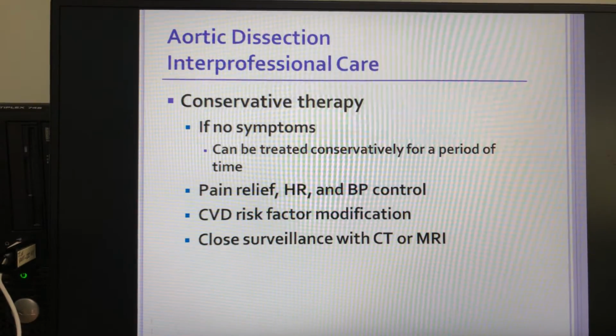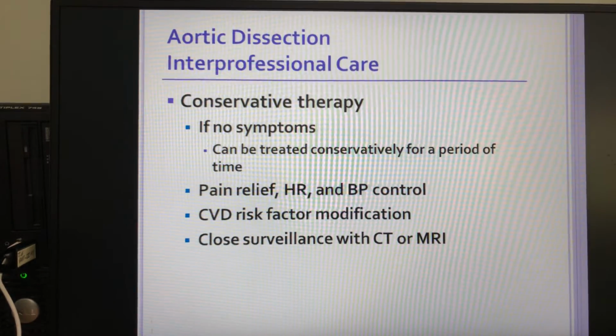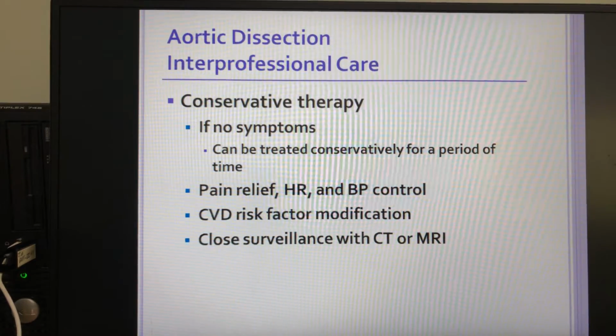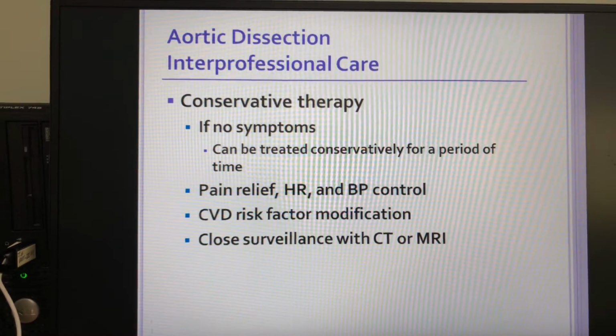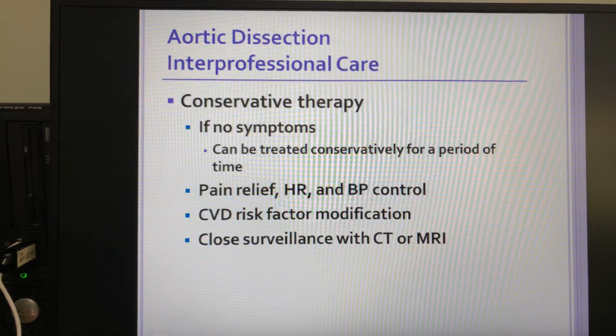But we want to make sure that they have pain relief, that their heart rate and blood pressure are under control, that they are trying to modify any cardiovascular disease risk factors, and they may require close surveillance with a CT or MRI.